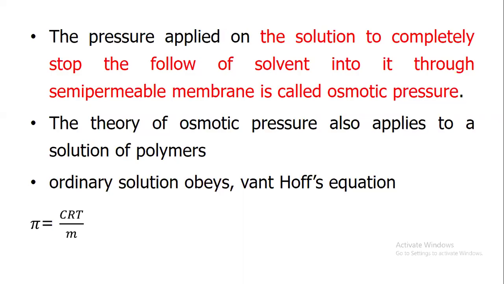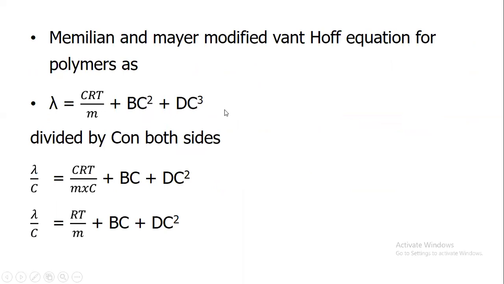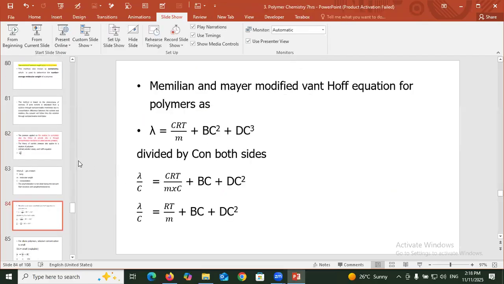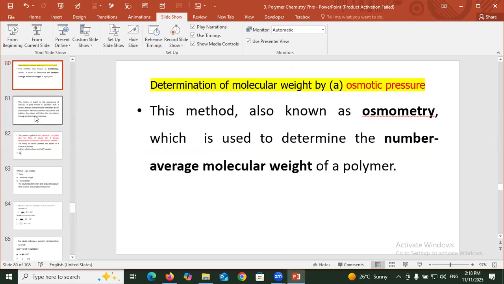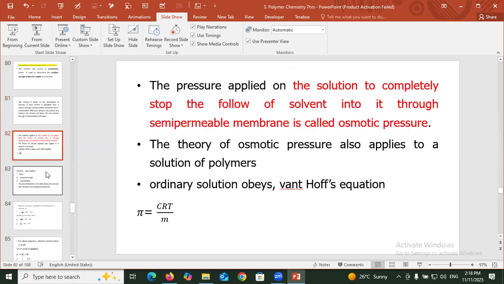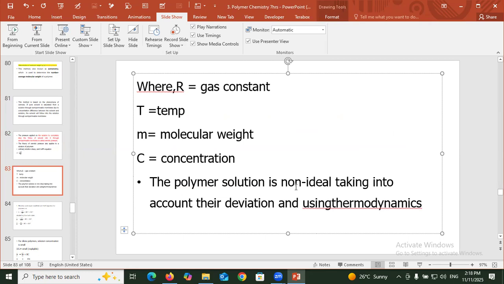The theory of osmotic pressure also applies to a solution of polymers. An ordinary solution obeys van't Hoff's equation, pi equals CRT over M, where R is the gas constant, T temperature, M molecular weight, C concentration. The polymer solution is non-ideal.